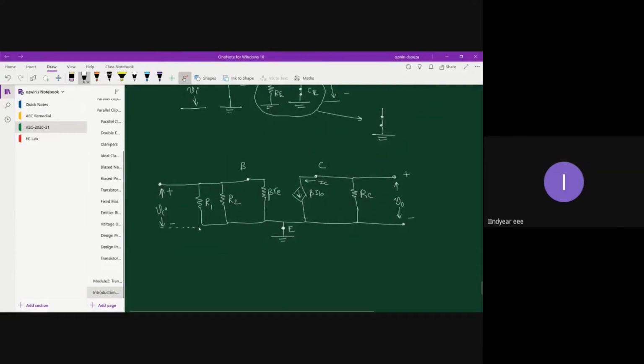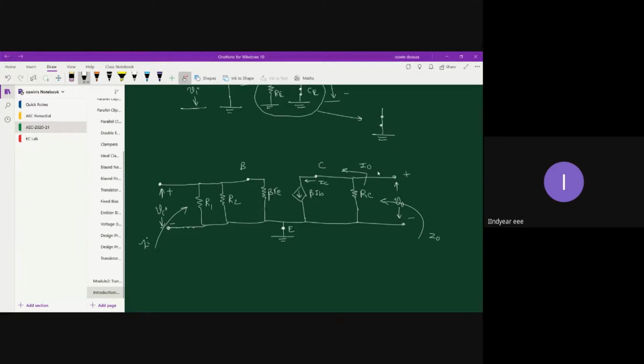Now you have to estimate the performance parameters, as in ZI, the input impedance as seen from the input terminal, and Z0, which is nothing but the output impedance as seen from the output node. Let's mark the direction of standard currents.